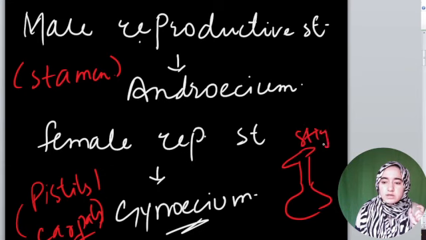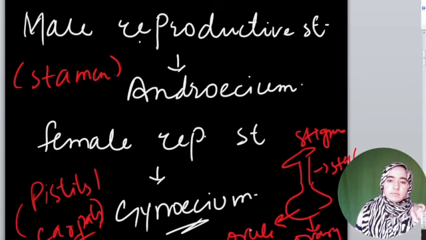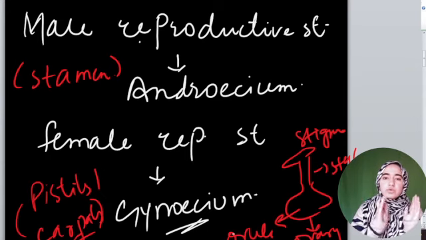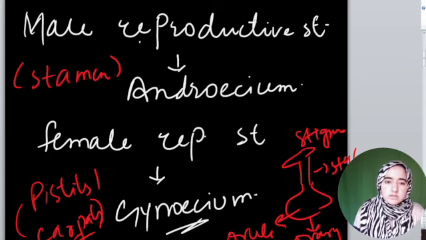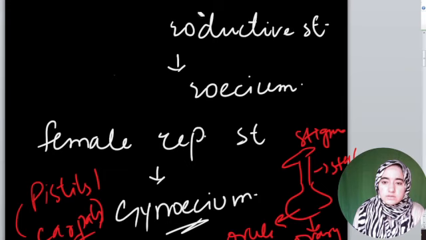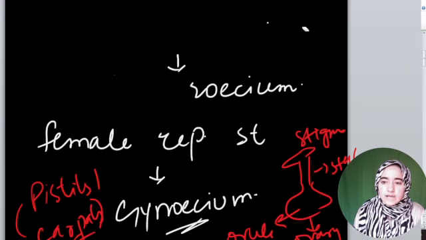This is stigma, the structure following stigma is style, and this bulged portion is ovary, and inside the ovary is the ovule. After fertilization, the ovary will get converted into fruit and the ovule will get converted into seeds. I hope this concept is clear.